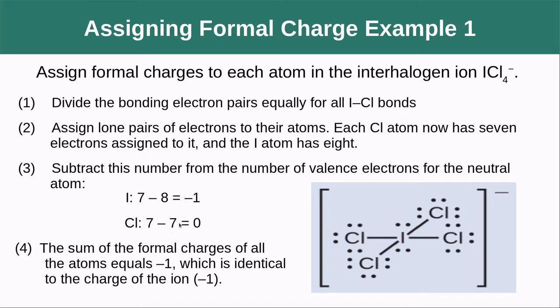If we did that same math for chlorine, we would get 7. We see that the formal charge on iodine is -1. The formal charge for chlorine is 0. We add those two together, we get -1, which is the charge that we expected this molecule to have.